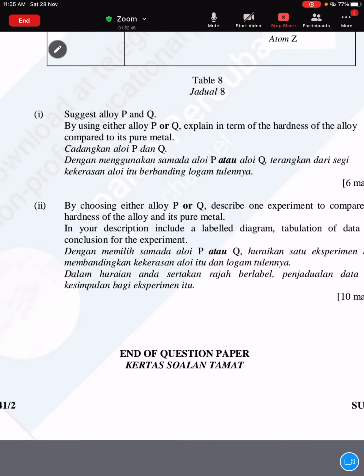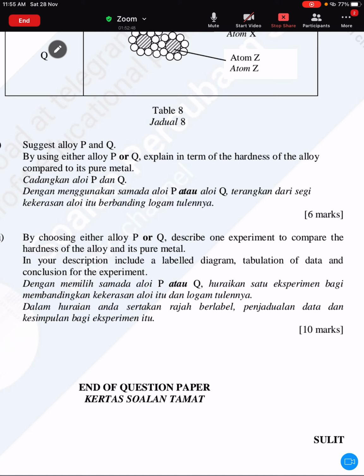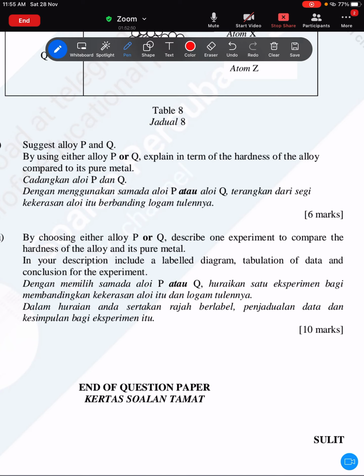Okay. By choosing either alloy P or Q, describe one experiment to compare the hardness of the alloy and the pure metal, including in your description a labelled diagram, tabulation of data, and conclusion for the experiment. Guys, when you read this statement, what experiment might appear in your mind?